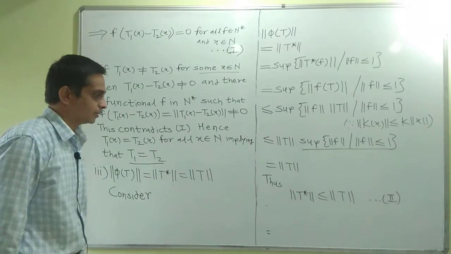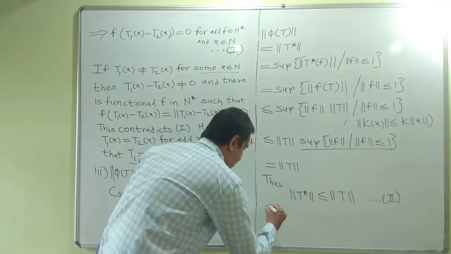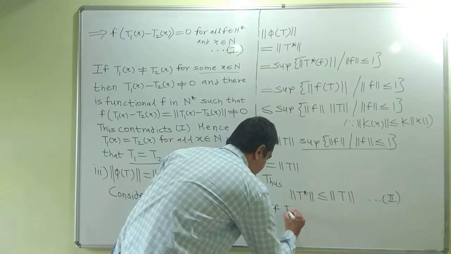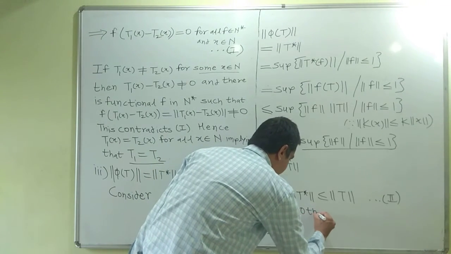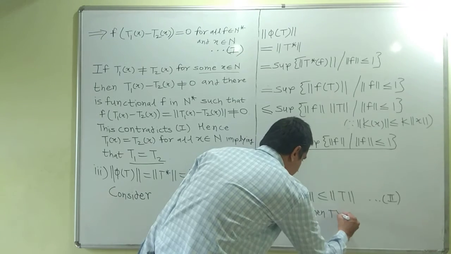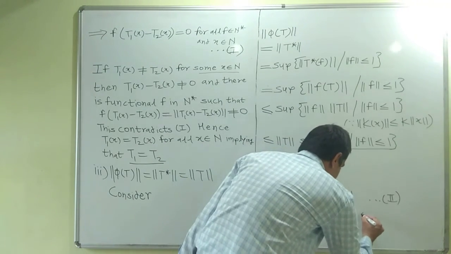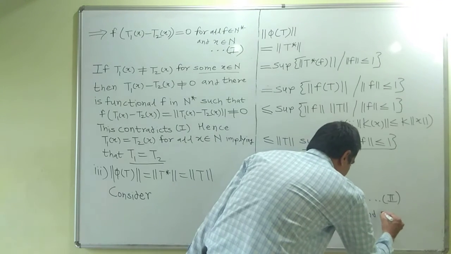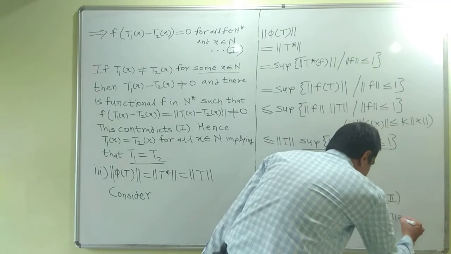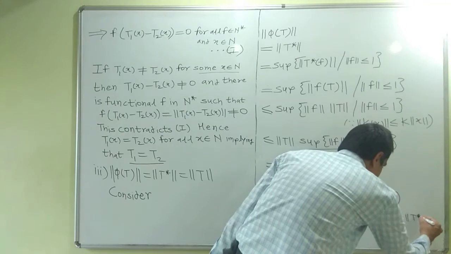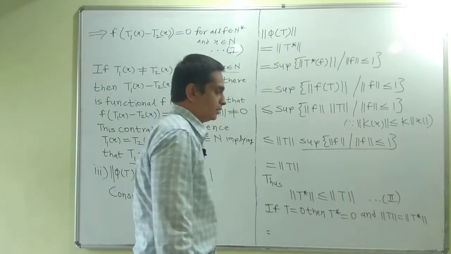Okay. If T is equal to 0, then clearly T star will also be 0, and clearly we will have norm of T equals to norm of T star. So we are done in the case where T is 0.